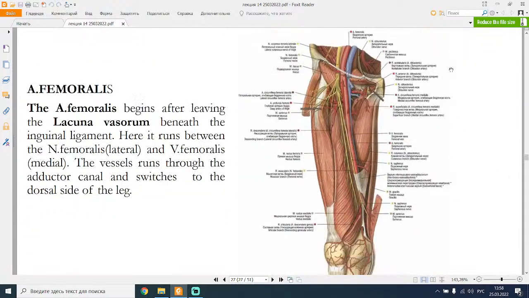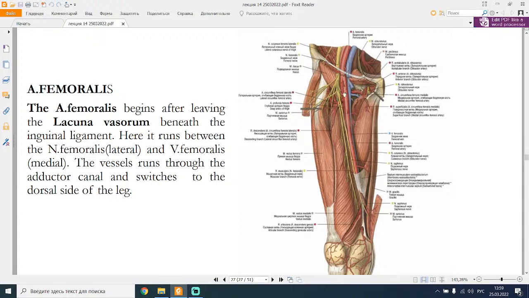Arteria femoralis. This is the ligamentum inguinale. This is the body. This is arteria iliaca externa. This is the inguinal ligament. You see arteria femoralis entering the canalis adductorius.